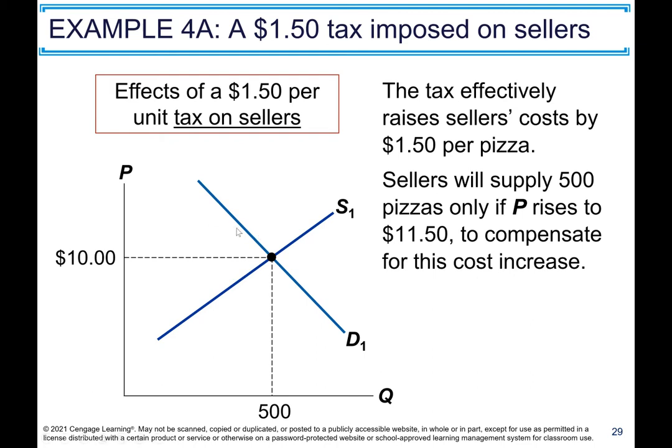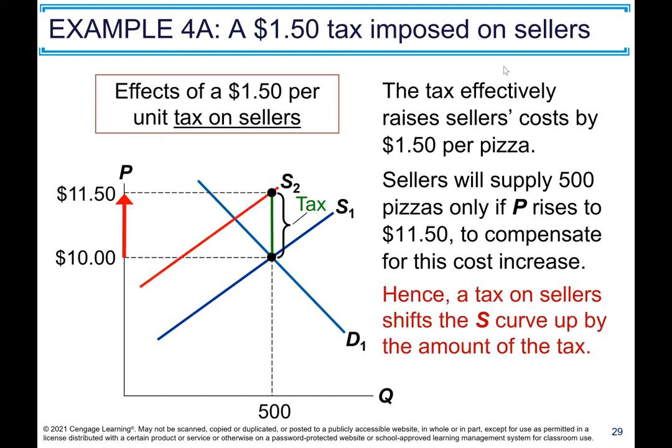Now here, the tax is imposed on the seller, and we can see that the supply curve shifts. If the tax is imposed on the seller, the supply curve shifts up, or to the left, from S1 to S2 by the amount of the tax. The amount of the tax is $1.50.